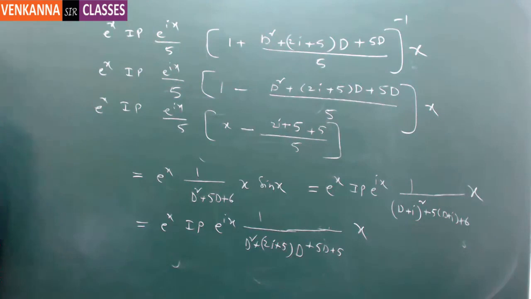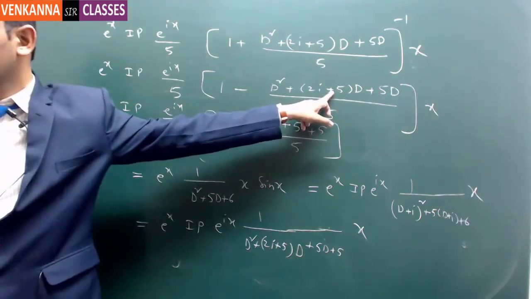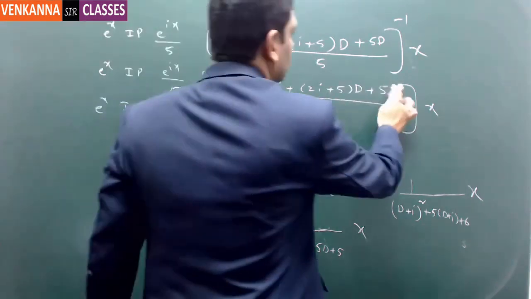Accepted? So 5i. So here we have 5i. Okay, 5i, not 5d. So at the end you are saying, right?